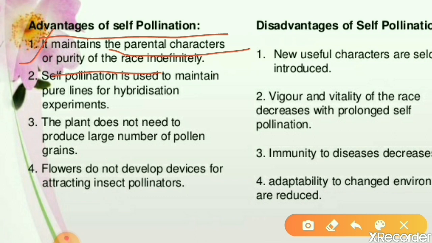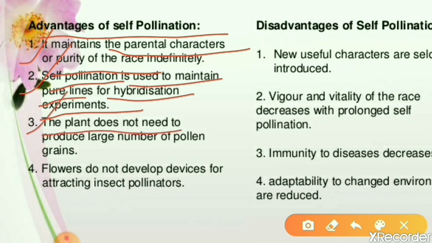Always self-pollination will maintain parental characters or purity of the race indefinitely. Second point, self-pollination is used to maintain pure lines for hybridization experiment. Self-pollination we can use to maintain new variety for hybridization experiment.